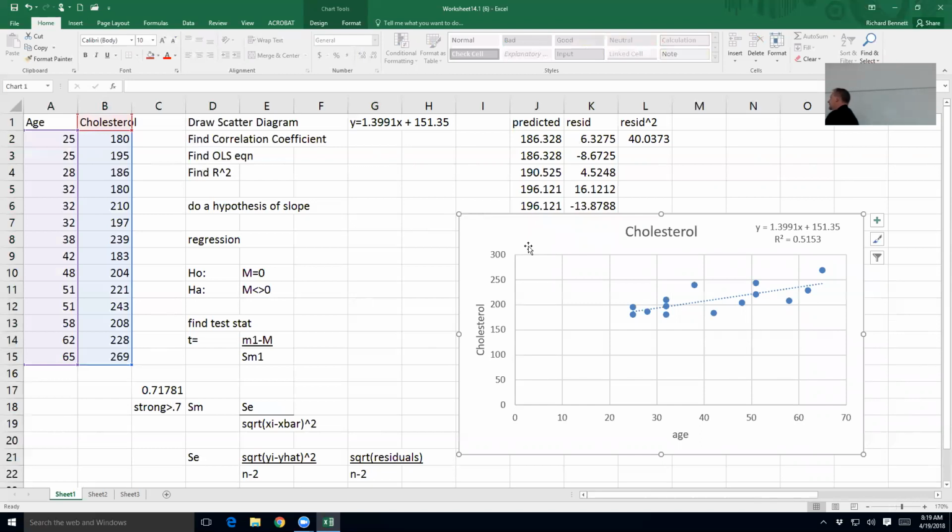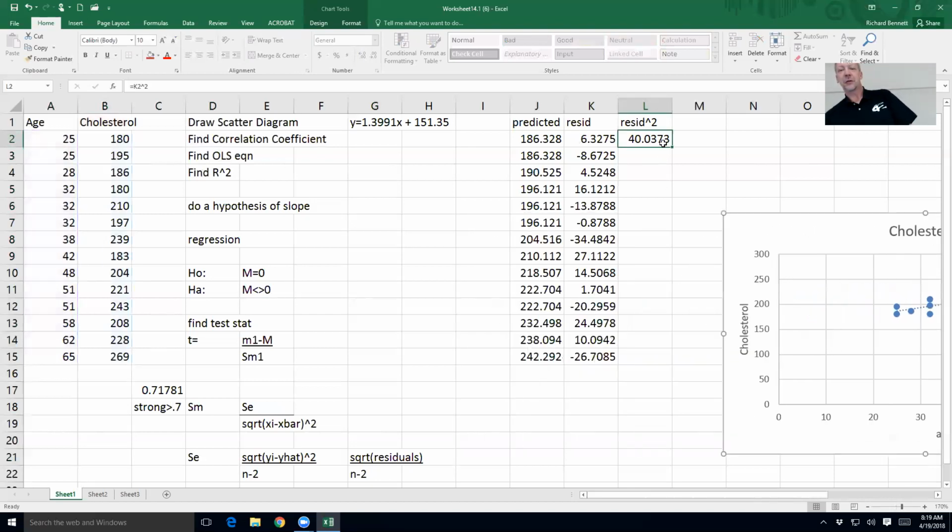It's the space between the point and the line. Yes, exactly right. It's the vertical distance between any point and the line. We can see this one here when we were about 30 years old, one person was right on the money, 2 people were off. So that's what the residual is.